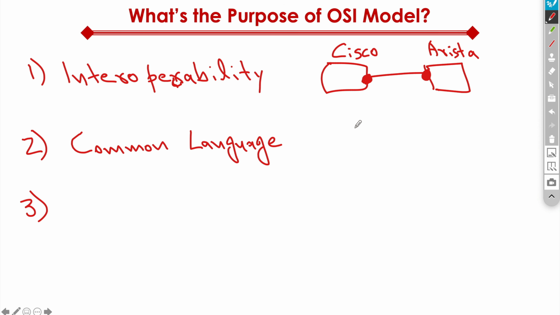It doesn't have any intelligence of layer 3 or layer 4 or any of the layers above it. All it's concerned with is layer 2. That is an important element, and it also helps with interoperability, because that common language allows software engineers and hardware makers to produce products that can talk to each other, integrate, and interoperate.